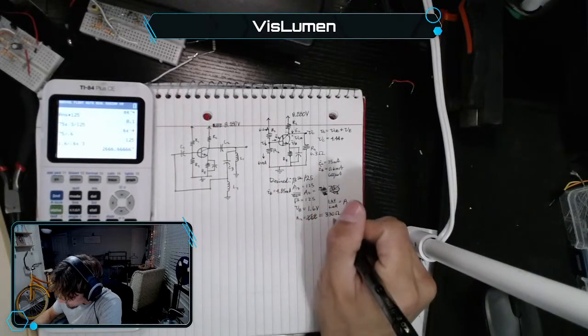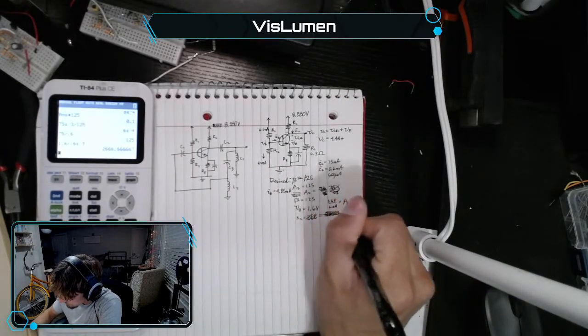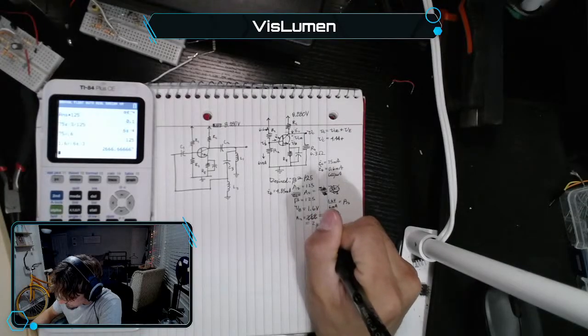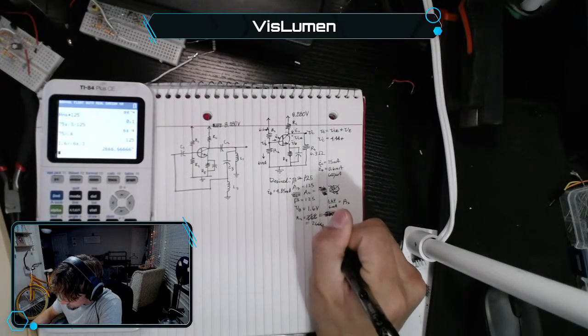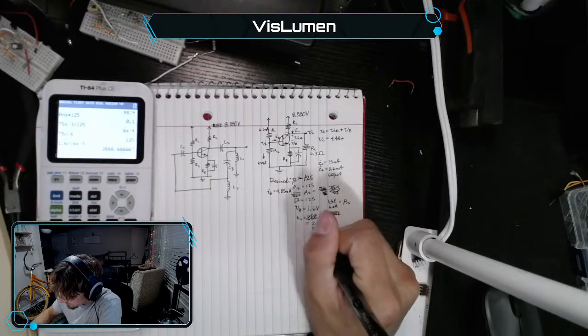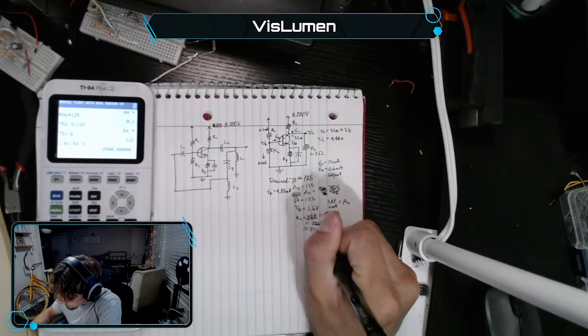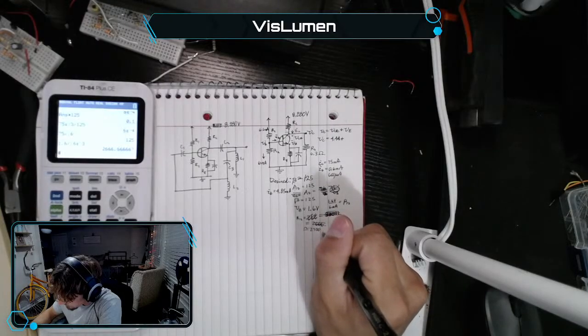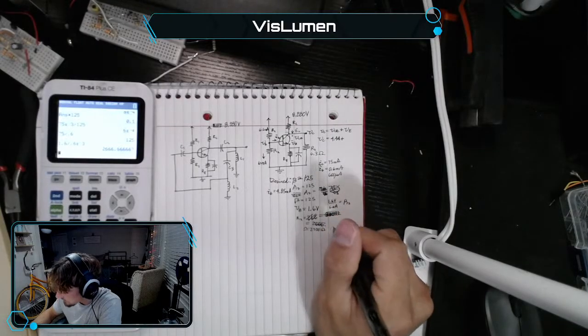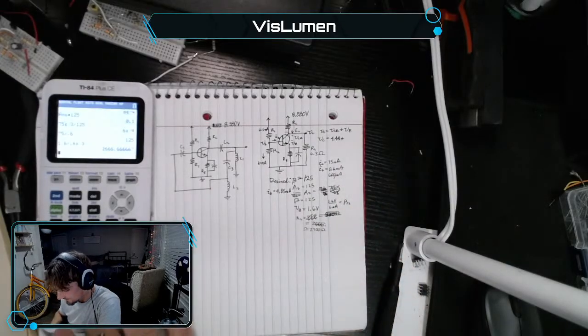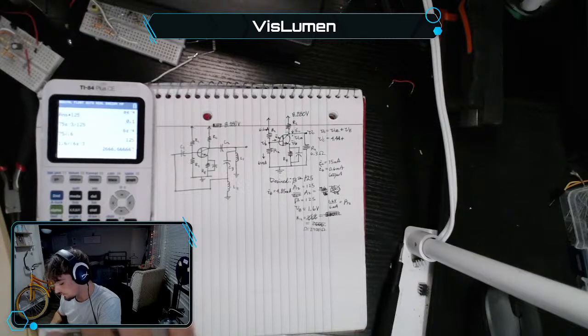So actually we want R2 to be 2,666. I don't like that. Approximately equal to 2700, I'm gonna round up there, ohms. I can achieve 2200 plus.